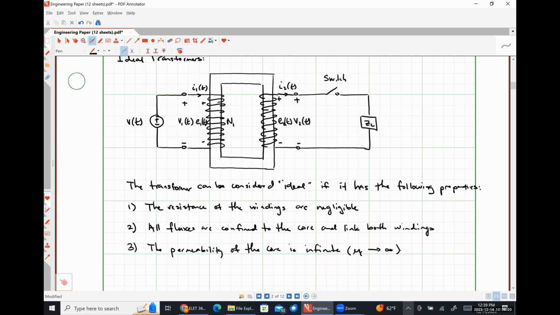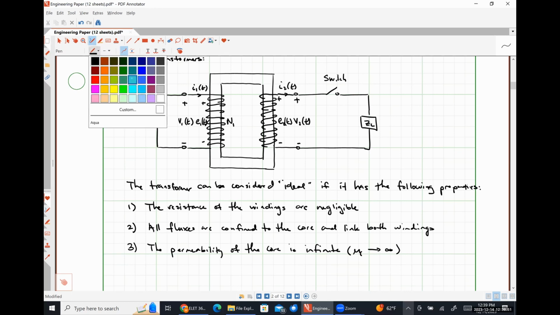Okay. All right, so now let's look at this circuit. Okay. So with our switch open on the right-hand side, let's say that we were to have some time varying voltage V1 applied to our circuit. That voltage V1 is connected to the primary windings, and it will establish a time varying flux phi of t in the core.